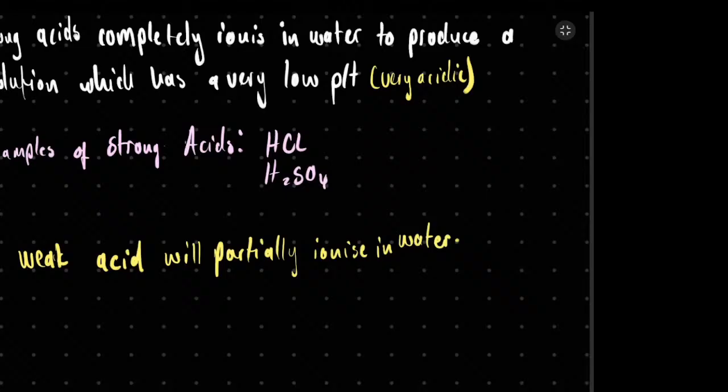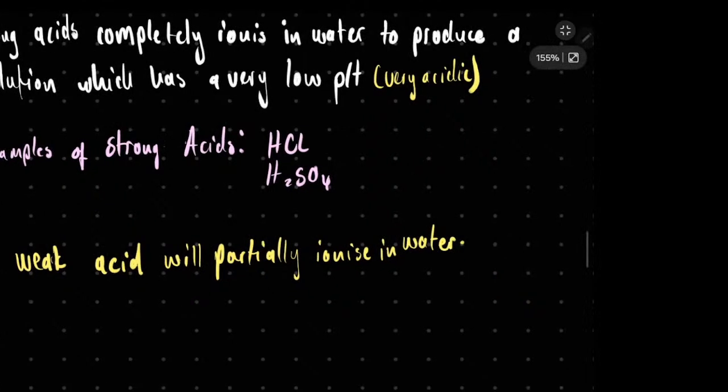Because of that, the pH of a weak acid in a solution will not be very low. It will be somewhere close to 7. 7 is a neutral value. So when the pH is close to 7, that's not a strong acid. Strong acids are far away from 7. They're very low pH values.